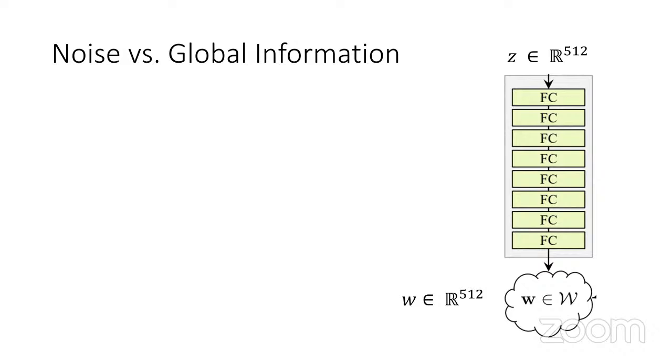And now we're going to basically go back and modify this basic convolutional generator so that it not only works with a random vector as input, but it works with a W vector that can control how the generator functions.